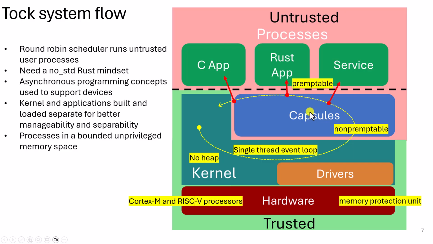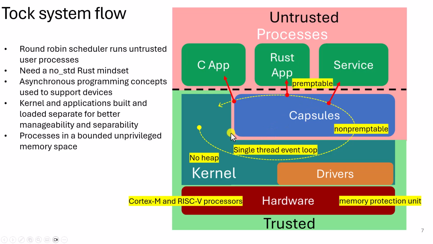That security is maintained differently than for the processes, which are in their own memory space. The capsule shares the same memory space as the kernel, but the untrustedness is enforced at the compiler level with the traits and other types that Rust provides. So here, the trust security is provided by the compiler, and here it's provided by a memory protection unit.